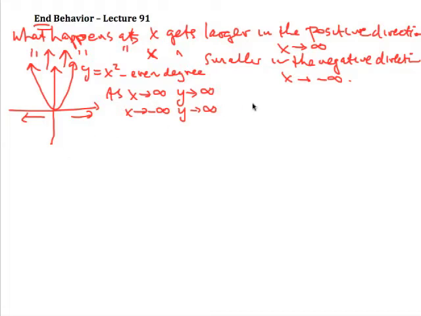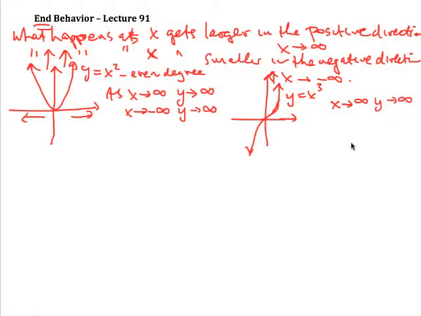What if I take a look at the cubic function? Like so. This is y equals x cubed. Now notice as x approaches positive infinity, it still gets larger going up this way. So y is approaching positive infinity.